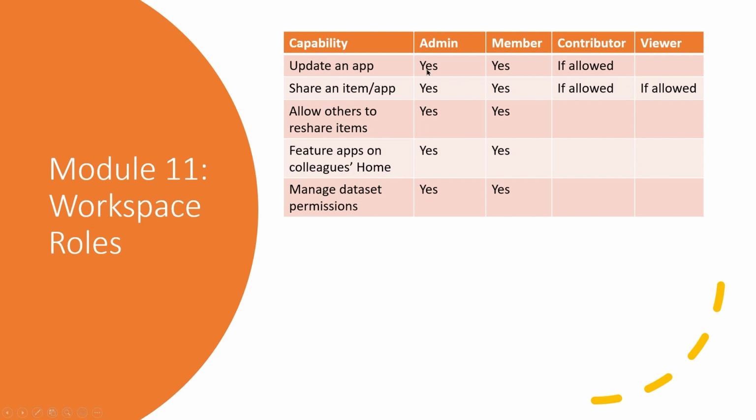So now admins and members can update apps, share items in apps, allow others to reshare. They can feature apps on colleagues' home pages if they have permissions to do so, and manage dataset permissions. Contributors can only do these 2 items if allowed, and the viewer can only perform this item if they're allowed.